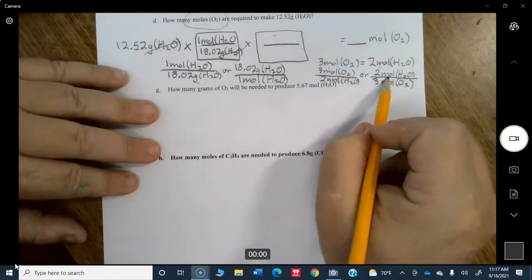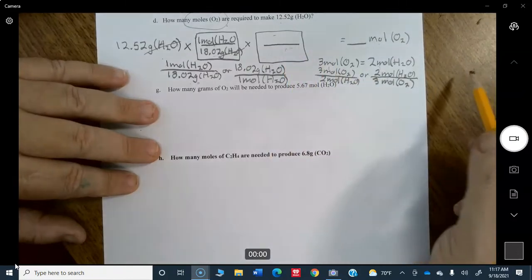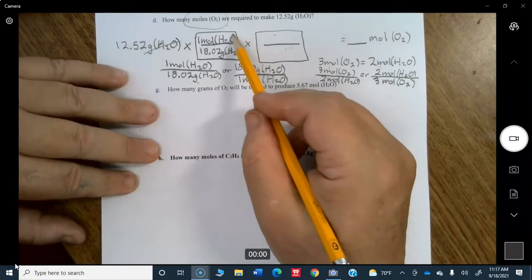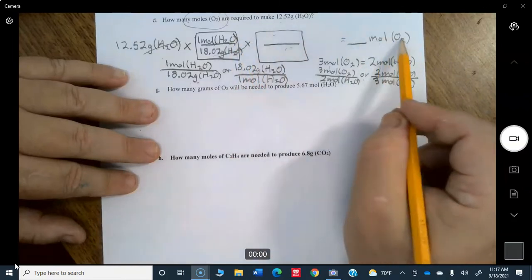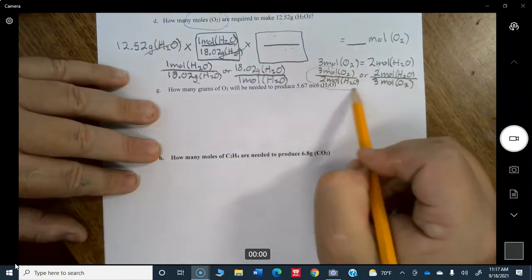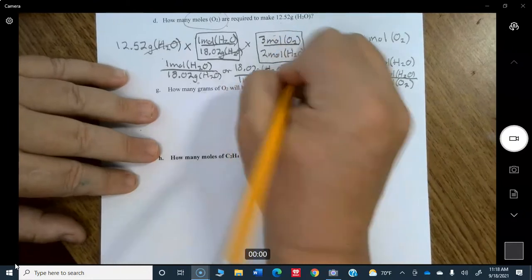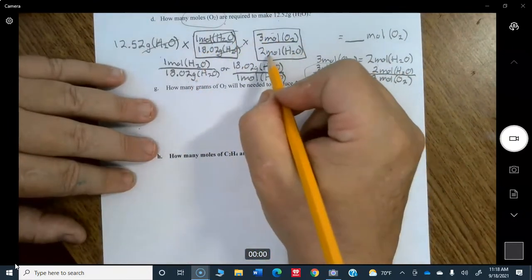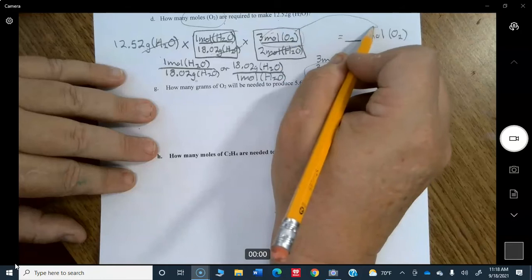Okay, here's your two conversion factors. Which one goes there? You need moles of H2O to cancel, and you need moles of O2 to appear on the top, so it's going to be this one. Okay, so moles of H2O cancels there, and there you have moles of O2 for your final answer.